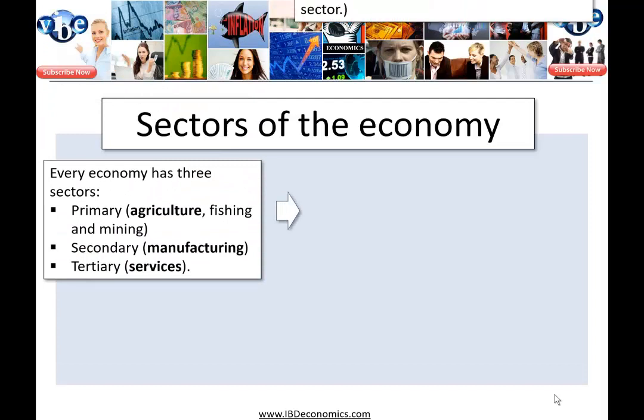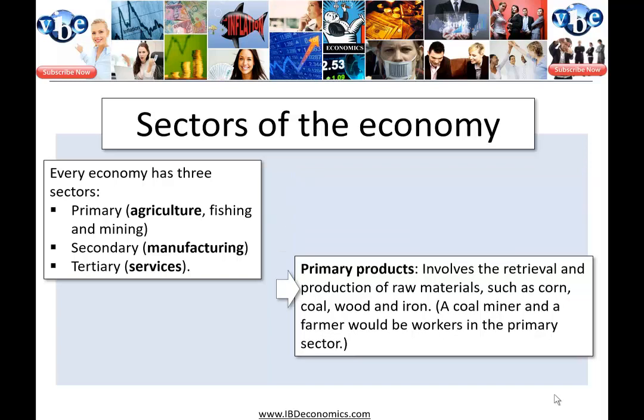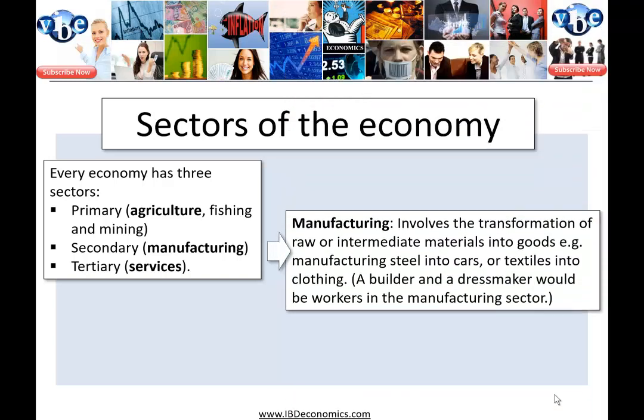And we can relate this to sectors of the economy. Every economy has our 3 sectors: the primary, the secondary, the tertiary. Primary products involve the retrieval or production of raw materials, as we know from our fundamentals of economics topic. Things such as corn, coal, wood, and iron. A coal miner and a farmer would be workers in the primary sector. Manufacturing, our secondary sector, involves the transformation of raw or intermediate materials into goods.